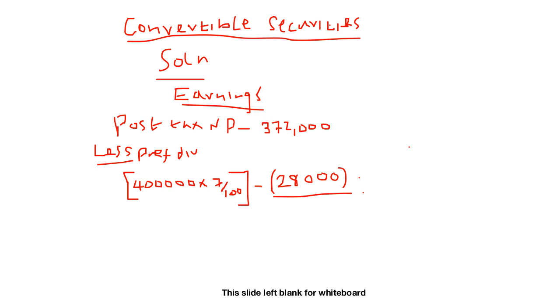Members, don't just log in and disappear. Subtract 28,000 from 372. Yes, Cosmas Kipleting, that is 344,000.